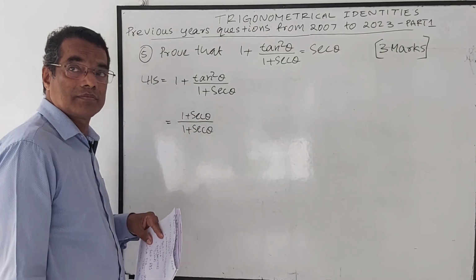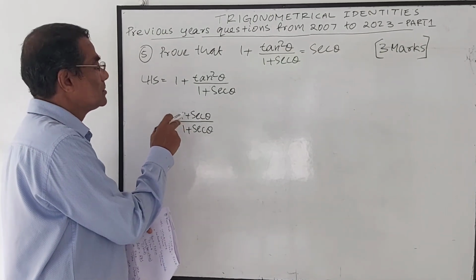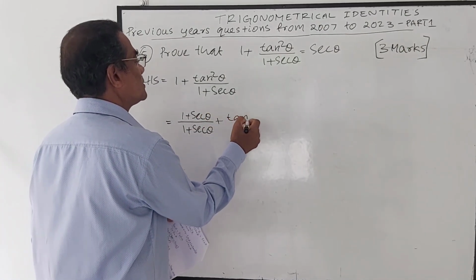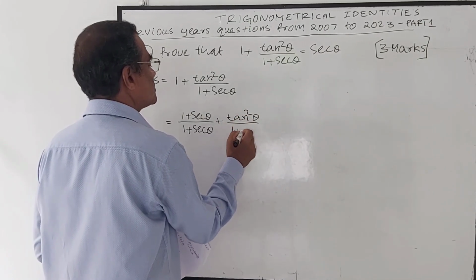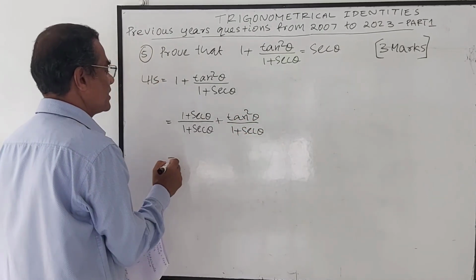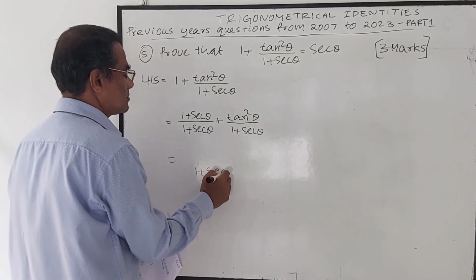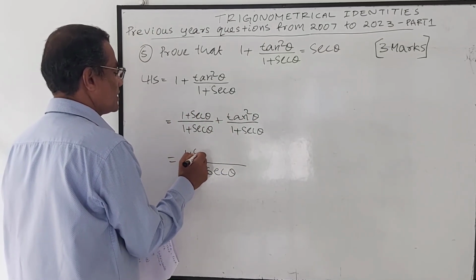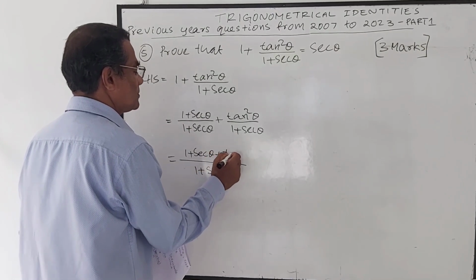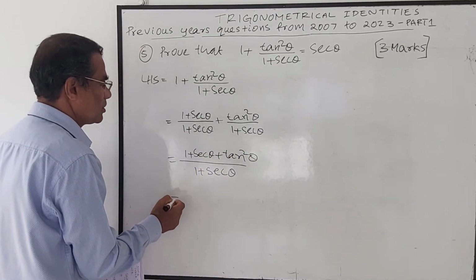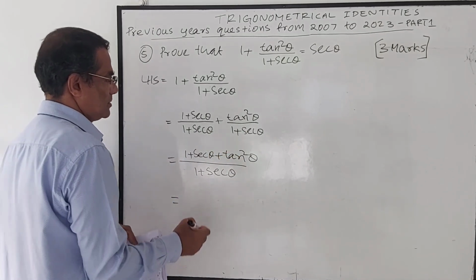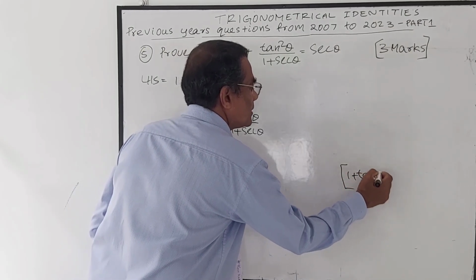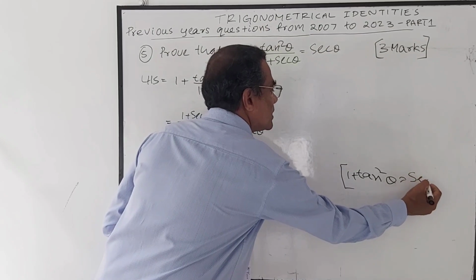Numerator and denominator are the same, so we will get 1 only, plus tan square theta by 1 plus sec theta. That means 1 plus sec theta is now common to both these two. That is 1 plus sec theta plus tan square theta, equal to 1 plus tan square theta. 1 plus tan square theta is an identity which is sec square theta.